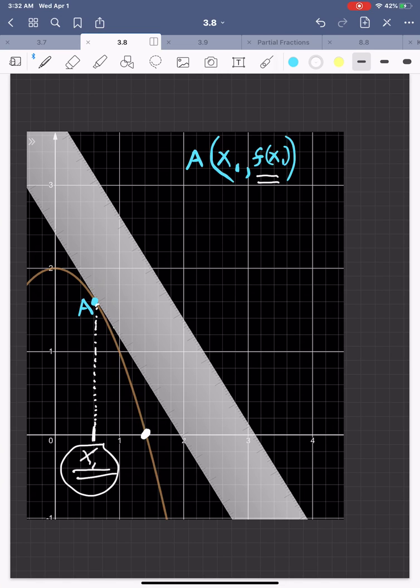And now here's the method. f of x is the function that Newton wants to find the x-intercepts, the zeros, the roots of. He can, at this stage, take a derivative of that function. That's not a problem.